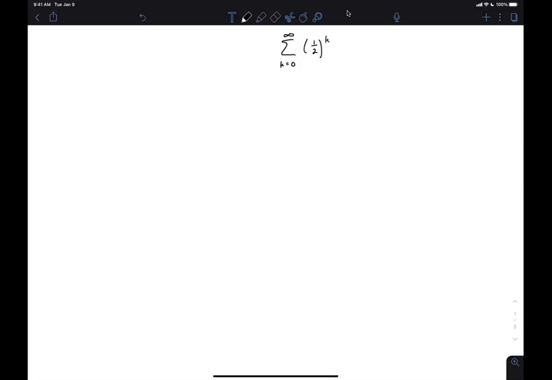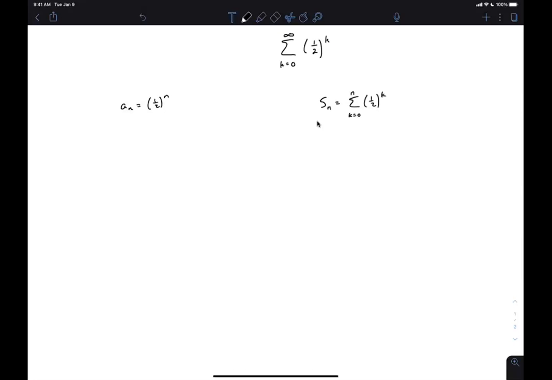So in this case, you've got an is 1/2 to the n, and then you've got the sequence of partial sums, Sn, which is the sum k equals 0 to n of 1/2 to the k. And so Sn always stands for the sum from wherever you're starting until n rather than infinity.